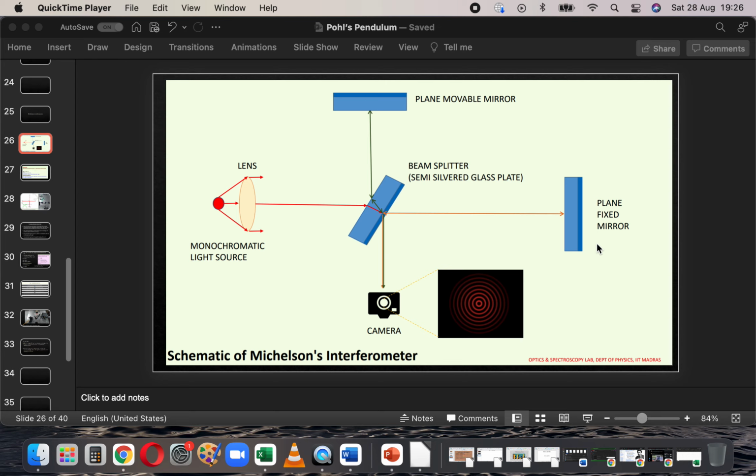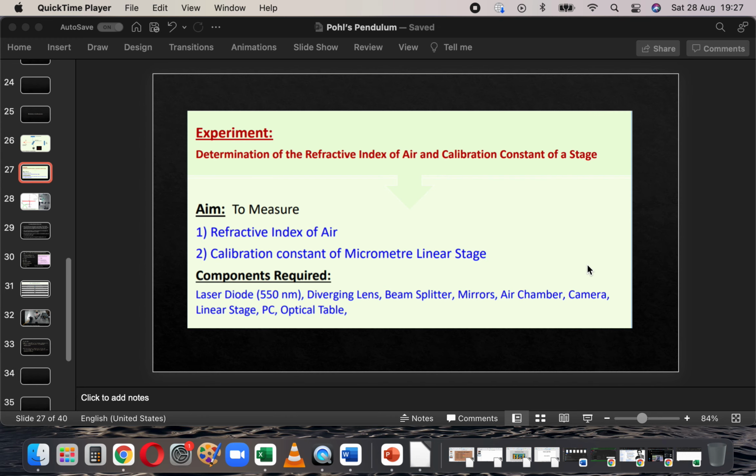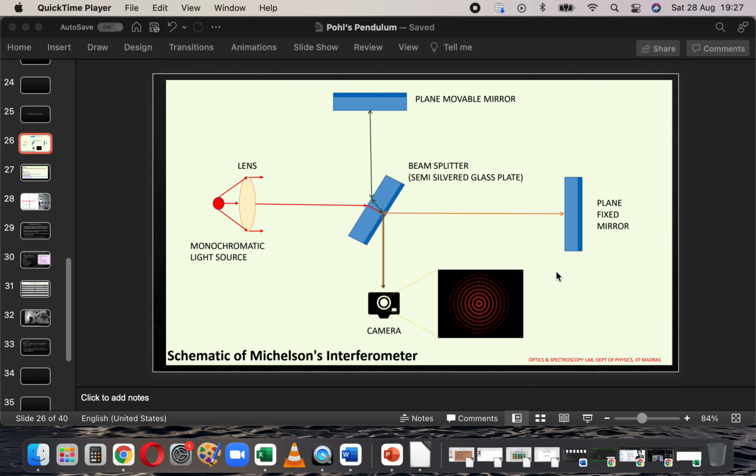The screw gauge, although much more precise than a meter scale, still allows only large movements. You need a much smaller movement. So there's a reduction factor called the calibration constant. You'll have to find out what that calibration constant is, because that's key to any interferometer. That's what is going to allow you to change the path difference and make this fringe pattern move in and out.